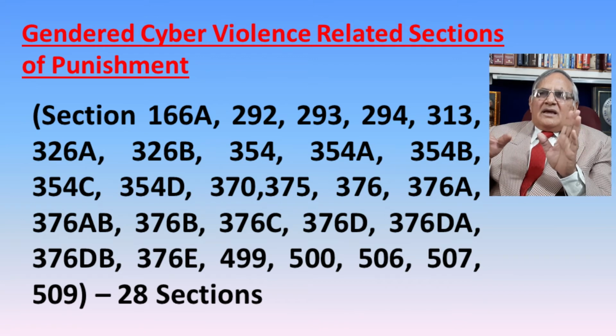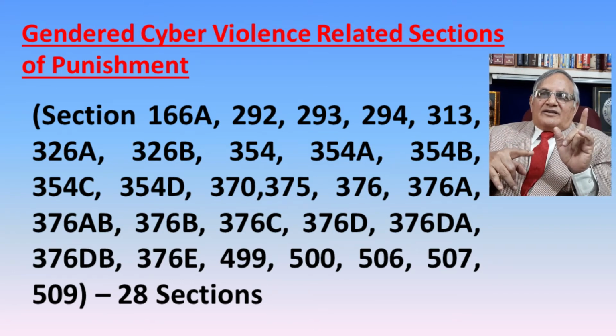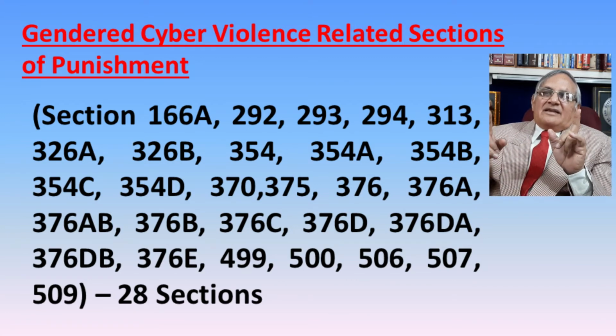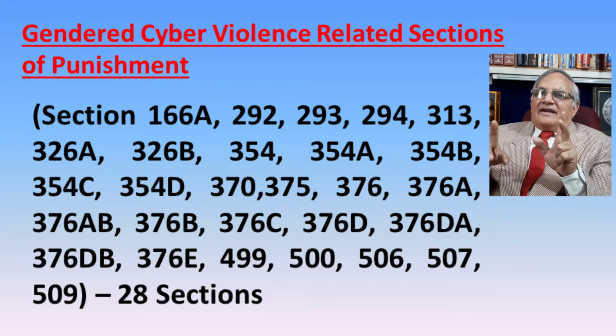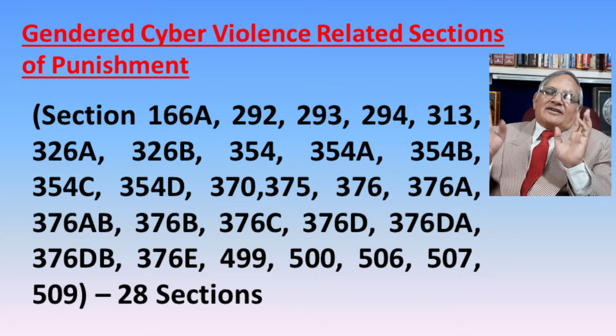So now 354D. D is stalking. Stalking is there in the IT Act also. We talked about bullying and stalking. If any man follows a woman and contacts or attempts to contact such woman to foster personal interaction repeatedly despite a clear indication of disinterest by such woman, or monitors the use by a woman of the internet, email or any other form of electronic communication.